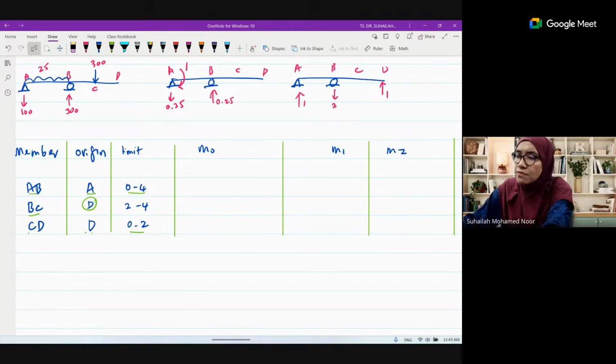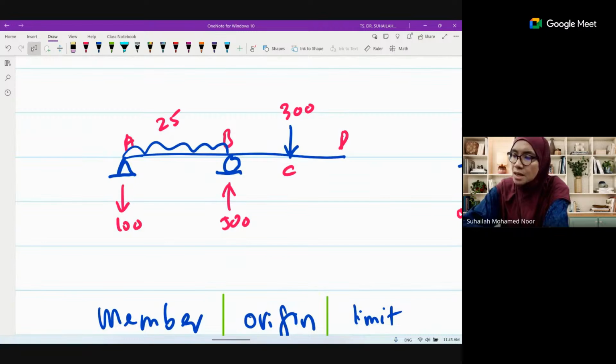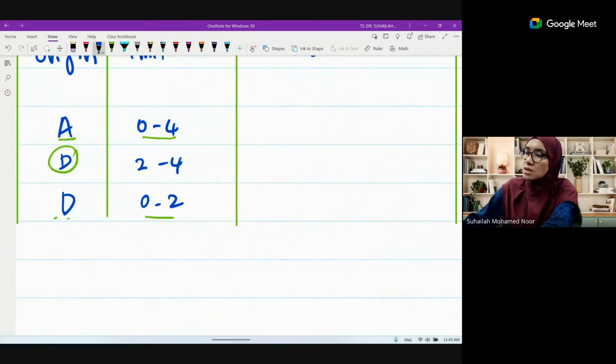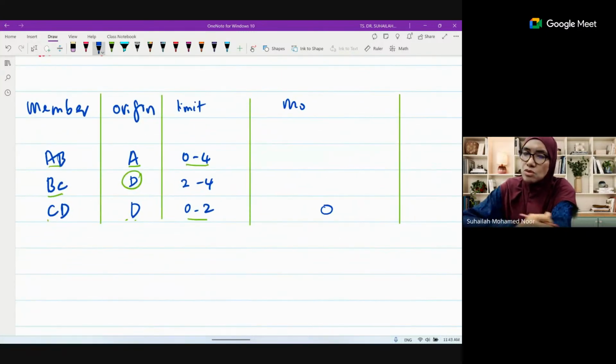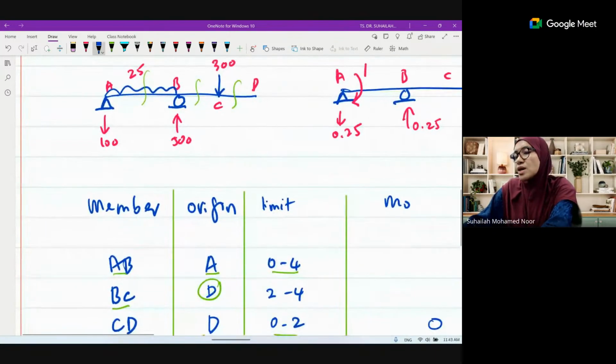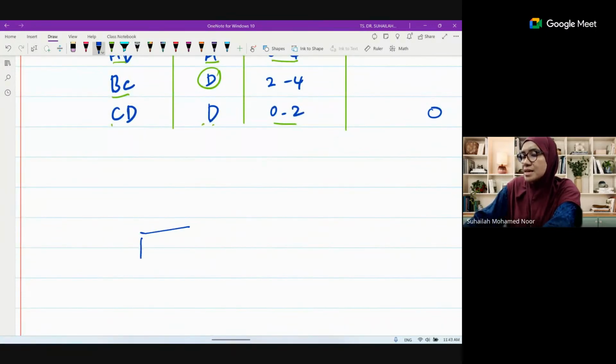Okay, now for the first cutting section, A, B, this is the primary structure. CD, you already know it is empty. This is 0. Okay, AB origin A, this one is 100.